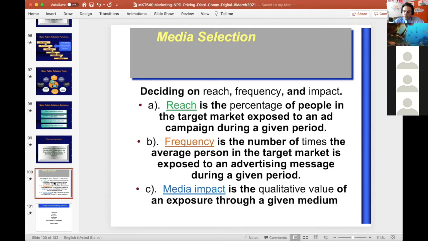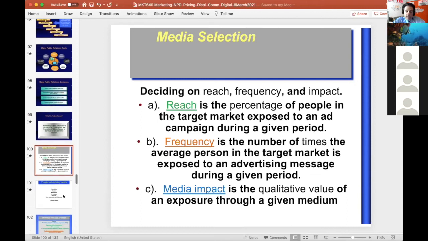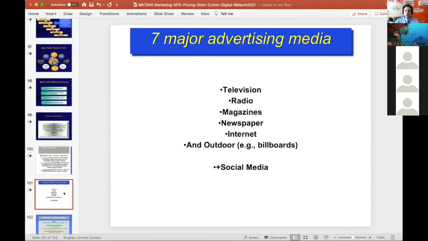And then the reach, obviously they have very specific targets, like I made a comment before. Gun and ammo magazines and the New York Times are not the same target, and you have to take this into consideration. So the 7 major advertising media are television, radio, magazine, newspaper, the internet, billboards, and social media.